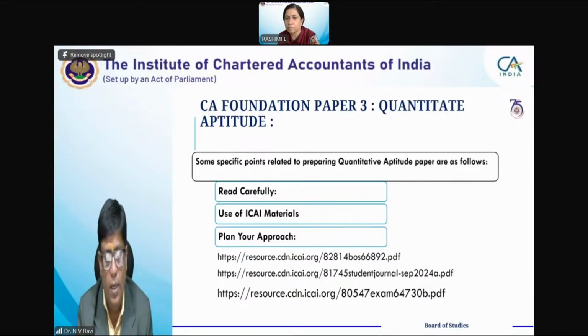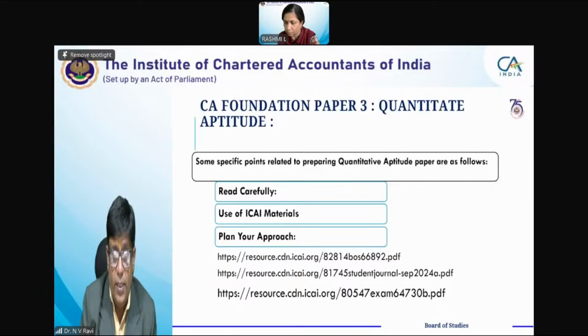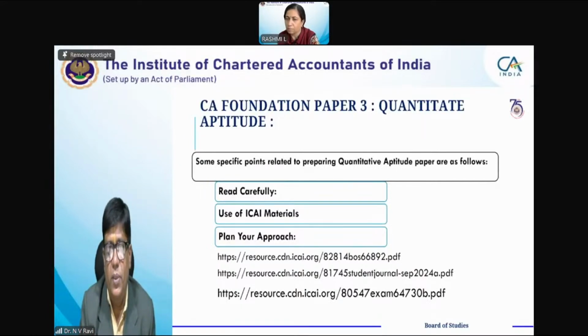Apart from that, there are RTPs and mock test papers.